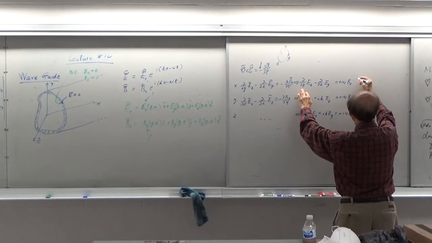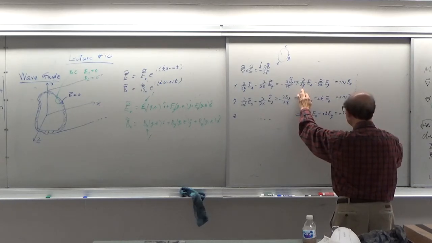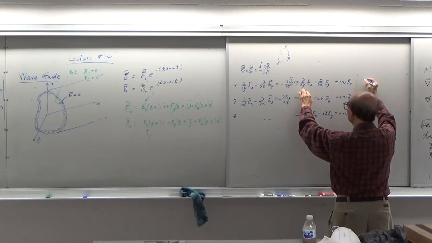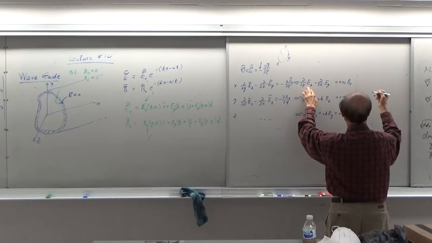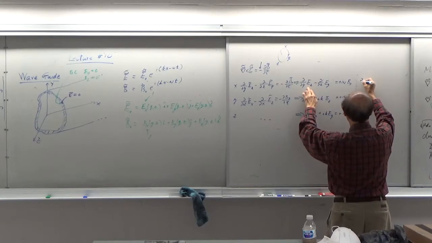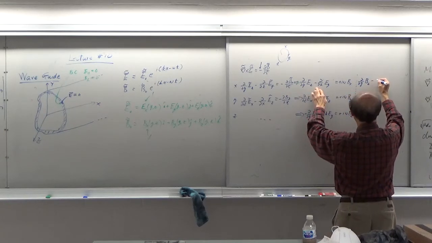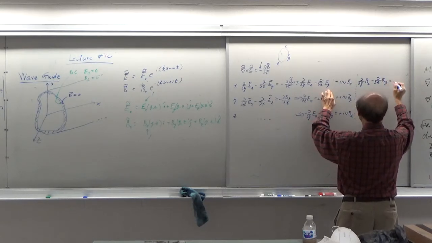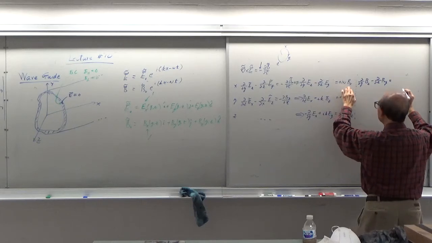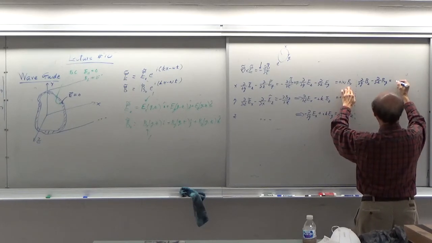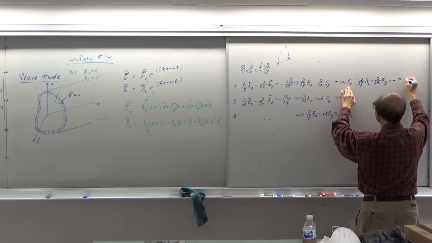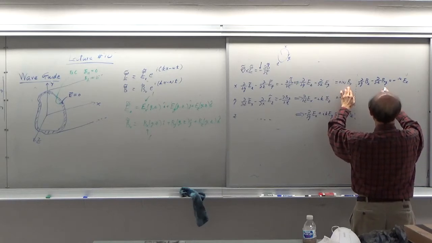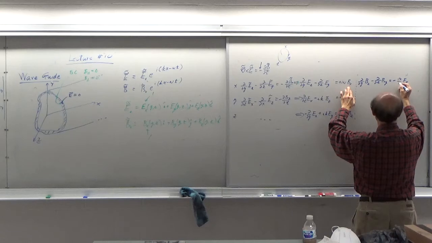So here, let me put del by del y. E goes into B, so I have del by del y, B z, minus del by del z, and that's equal to, okay, E goes to B, B goes to minus E x, and then of course divided by c squared.